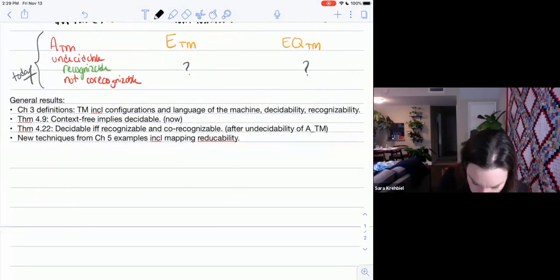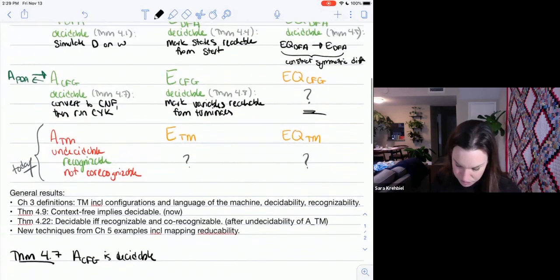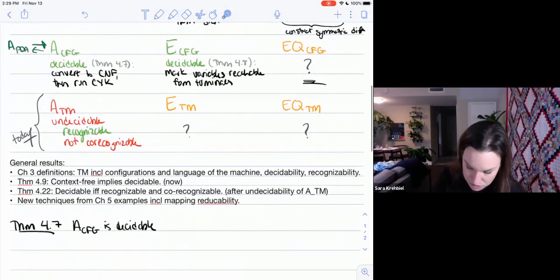Okay, so last time we said theorem 4.7 was the result that A_CFG is decidable. That's this guy up here.